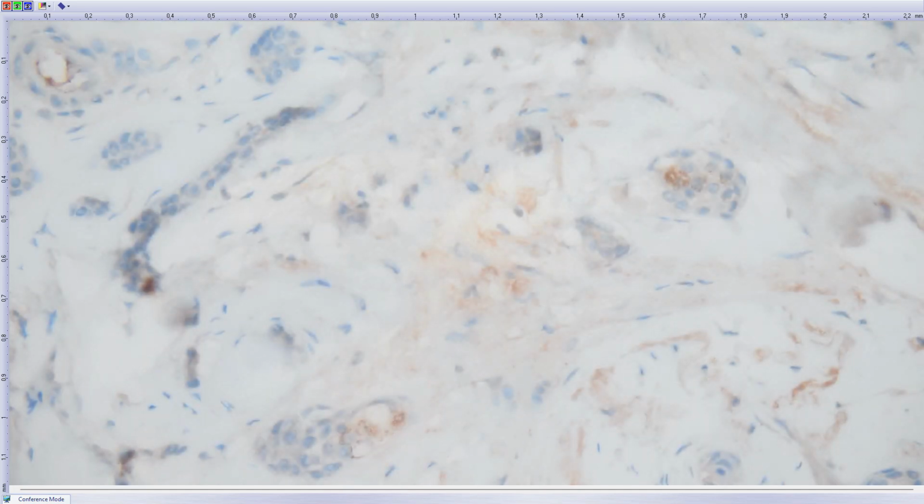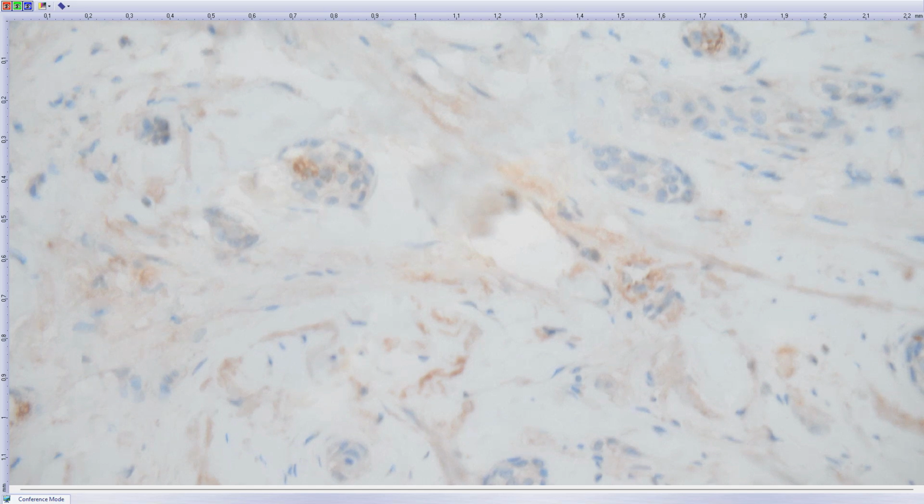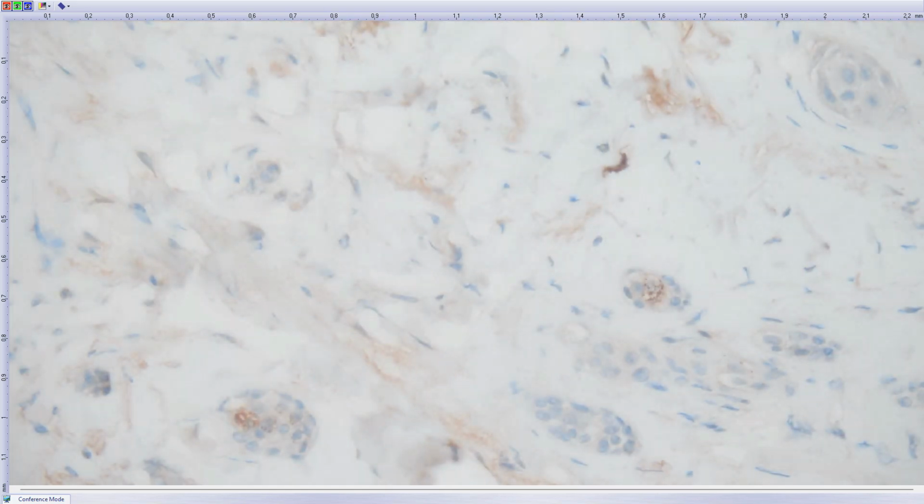So we think that it is microcystic adnexal carcinoma of the skin, which is typically on the chin or periorbital region, with sebaceous differentiation.